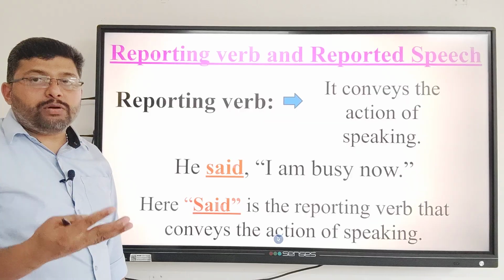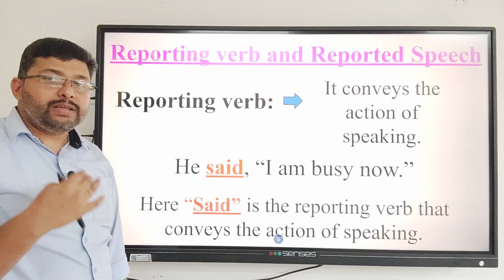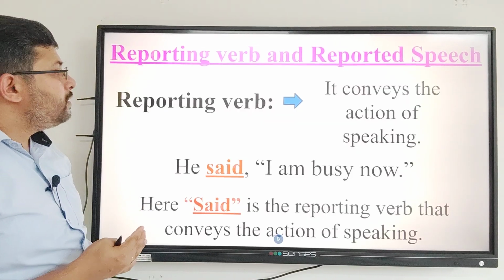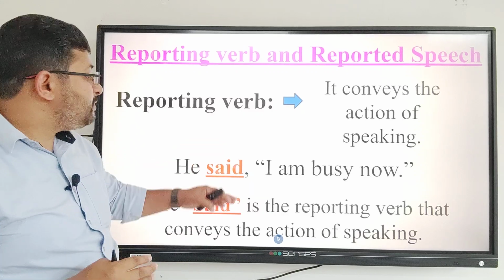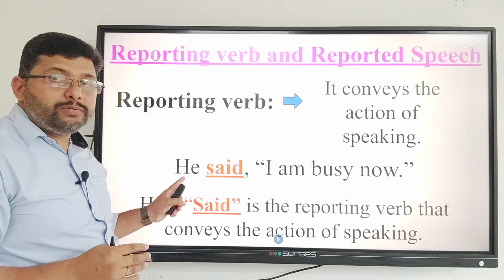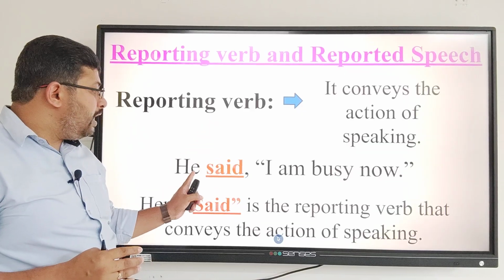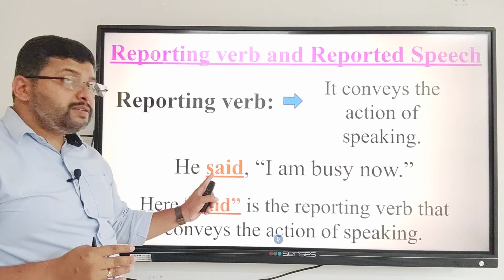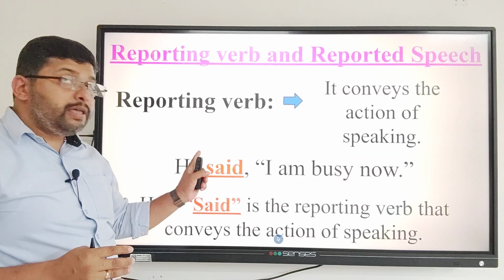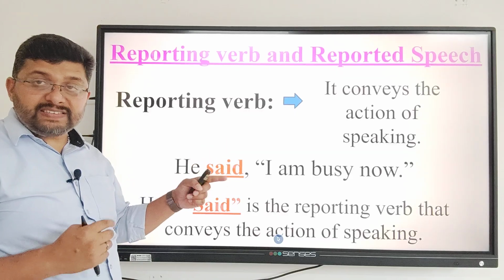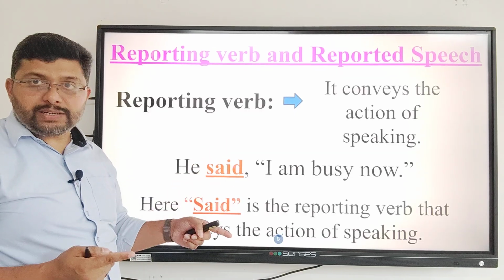Through a number of exercises and practices you will get a better idea. Just keep in your mind that this first part of the direct speech is known as the reporting verb. After the subject, sometimes it will be used like he asked, he said, he requested.